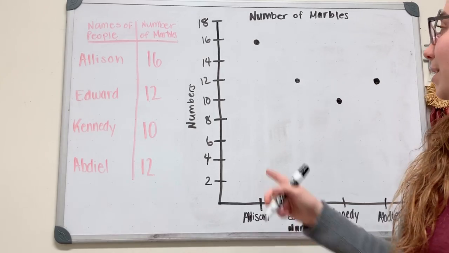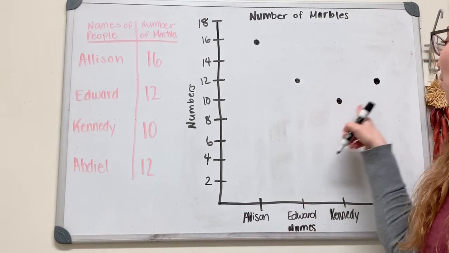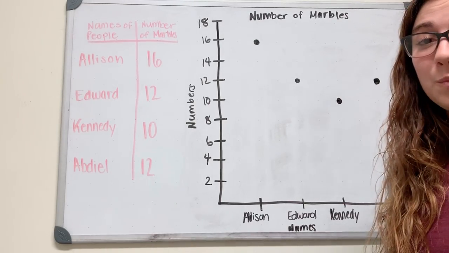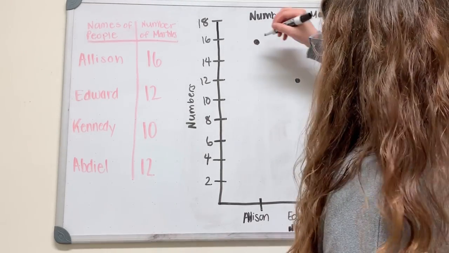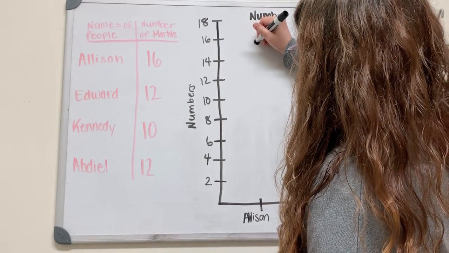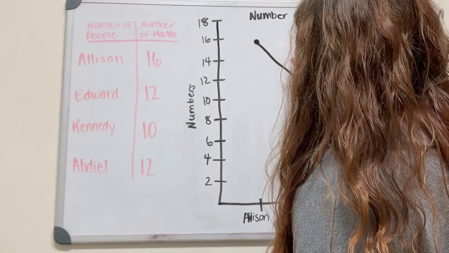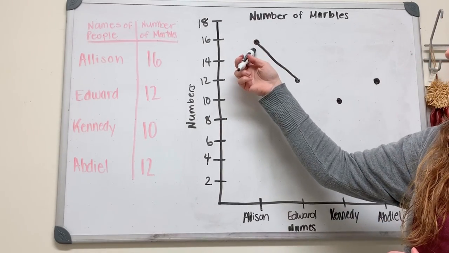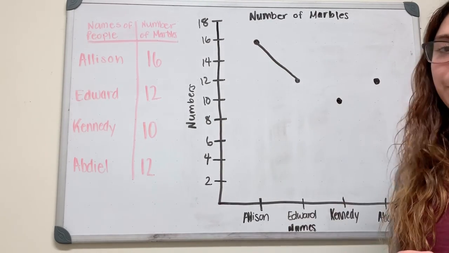So now I have all of my data points plotted on the graph. And what makes this a line graph is that now I'm going to draw a line from data point 1 to data point 2, showing a decrease.